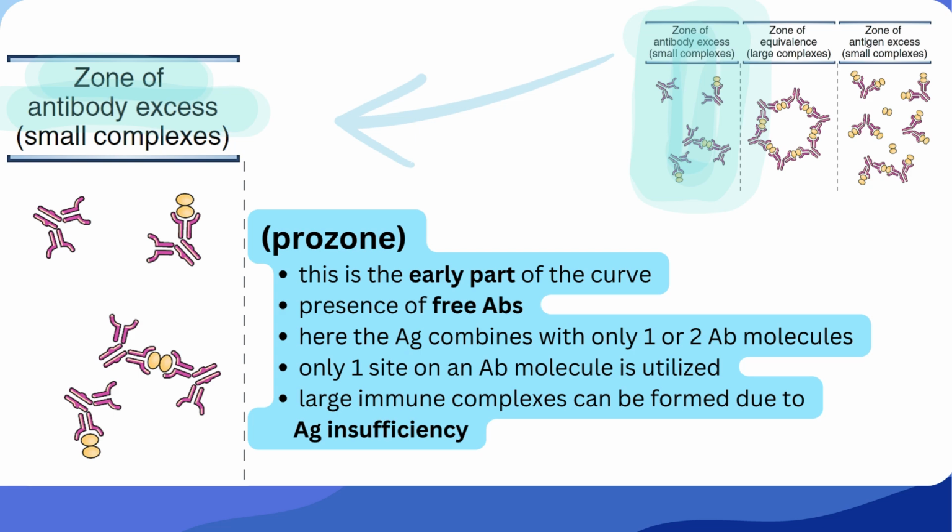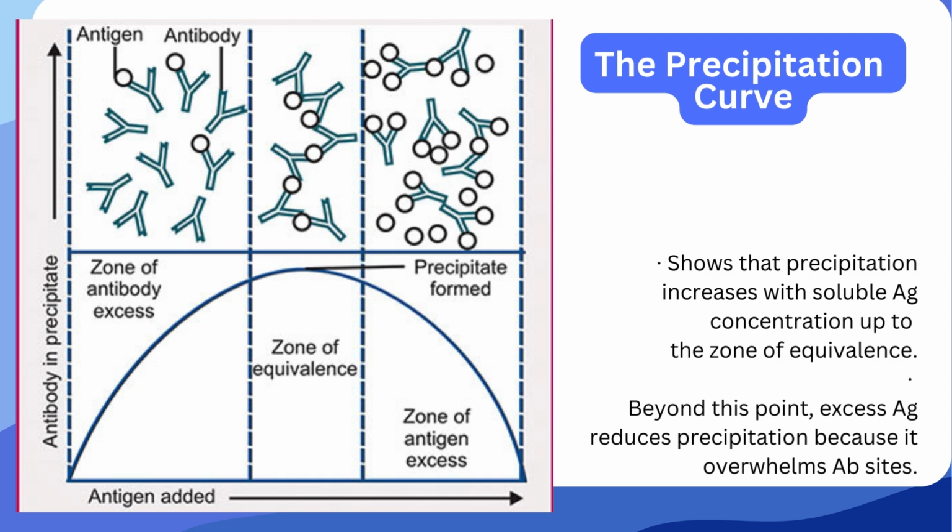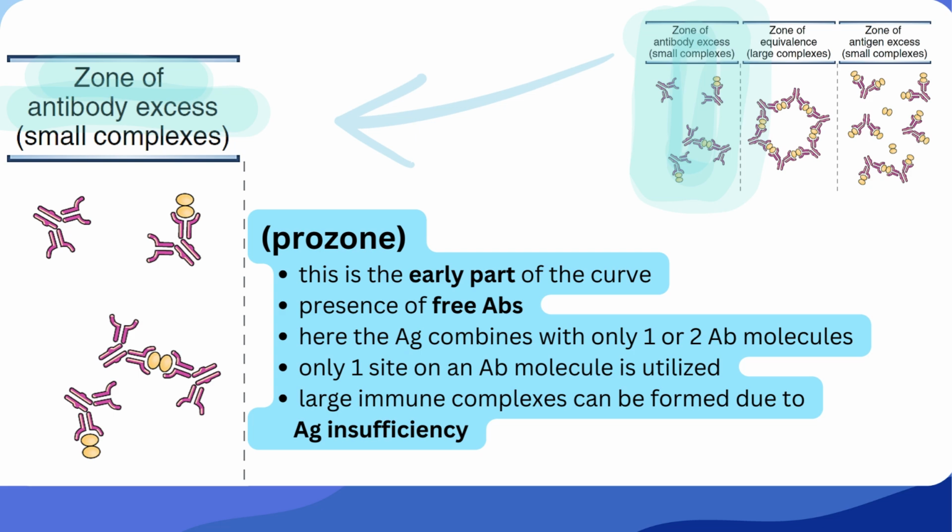So here, a closer look. The prozone is the early part of the curve, and it shows the presence of free or excess antibodies.